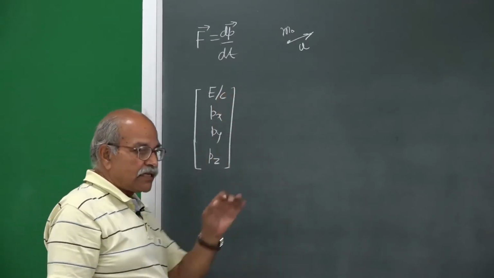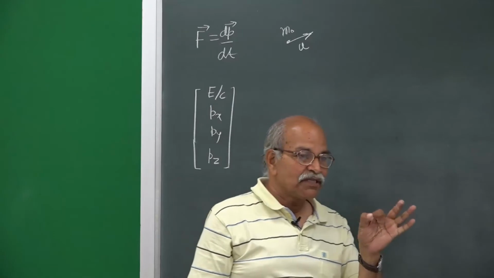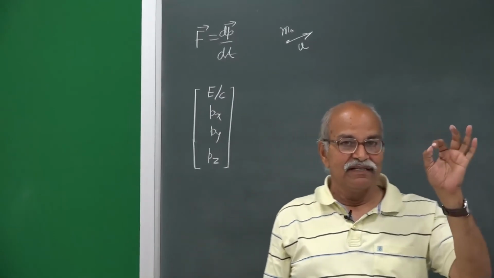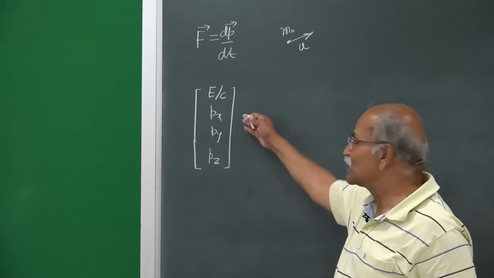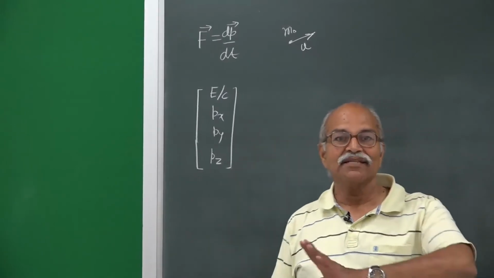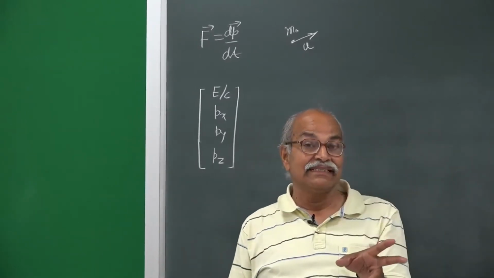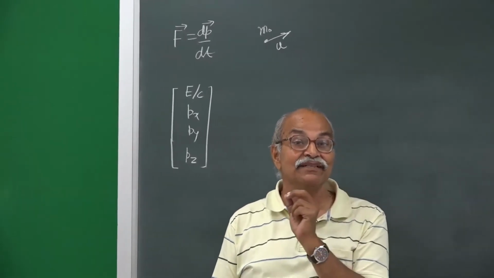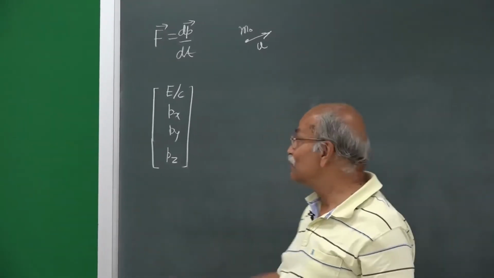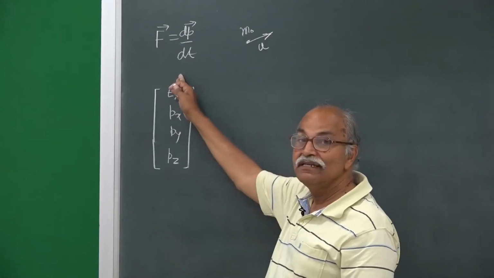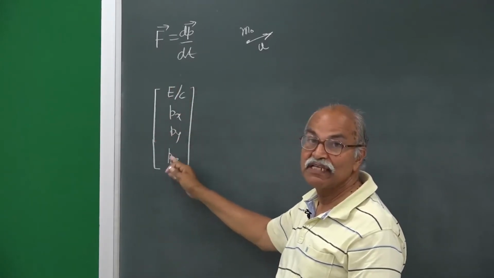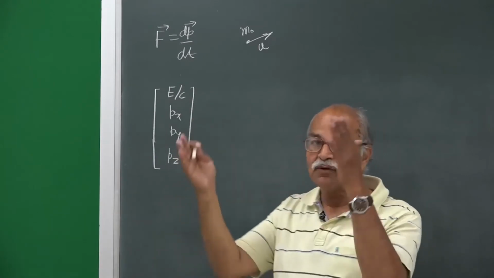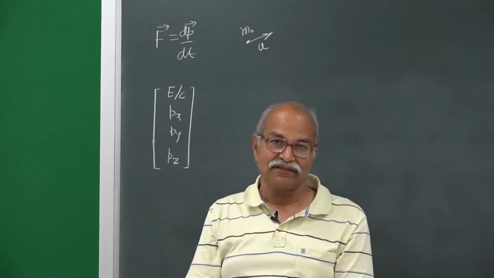So, at a particular time the particle has some total energy E, some total linear momentum which has components px, py, pz. Then at time t plus dt, these things will change a little bit. So, you have E plus dE, px plus dpx, py plus dpy, pz plus dpz, but that also will form a 4 vector.